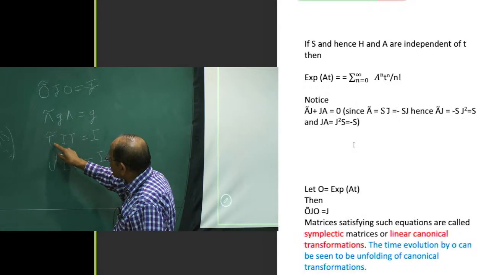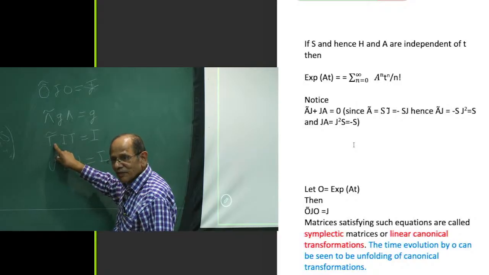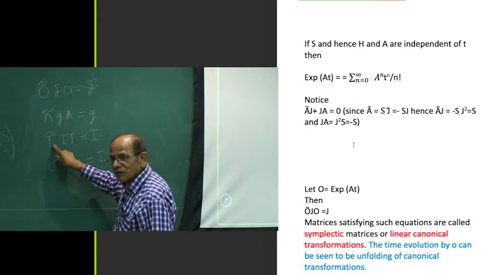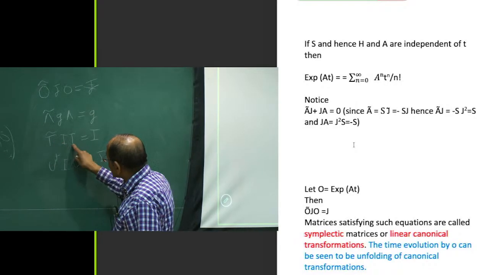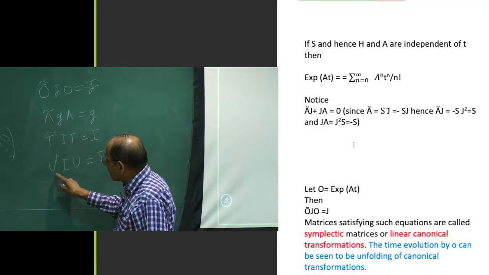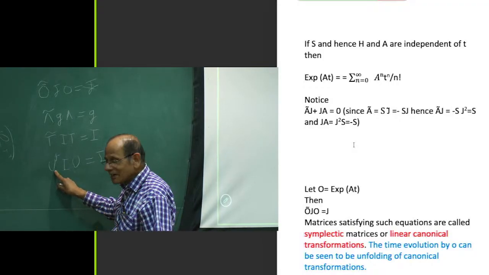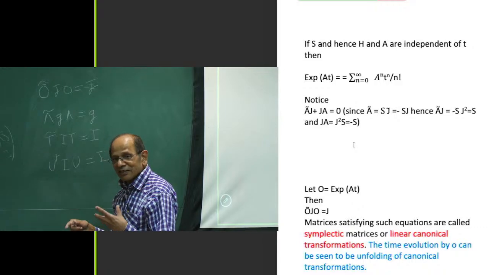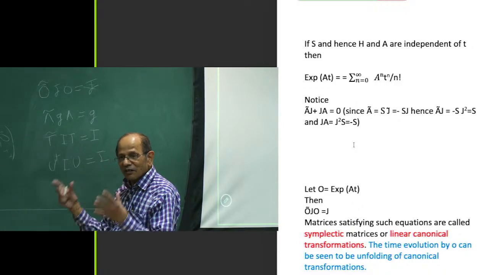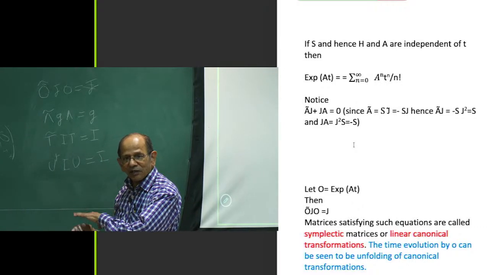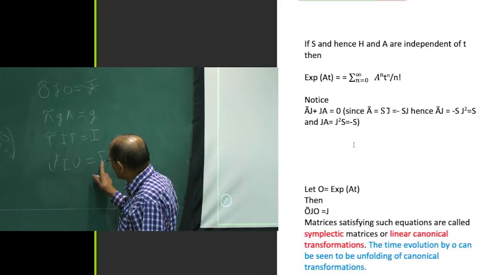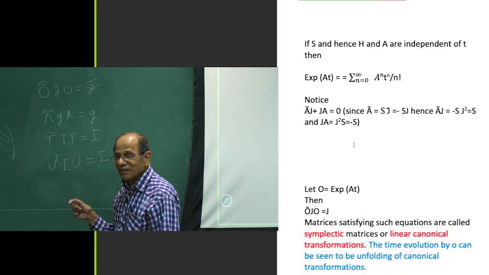If T is an orthogonal transformation, it preserves the identity. If U is unitary, and that is what you will come across in quantum mechanics, in a complex vector space in which you are applying unitary transformations, then it preserves the identity.